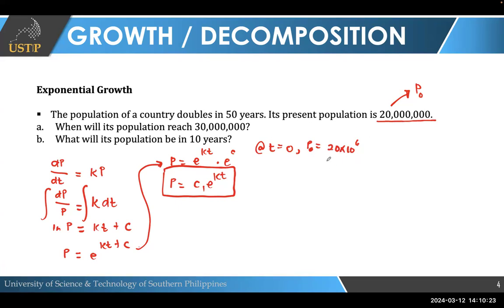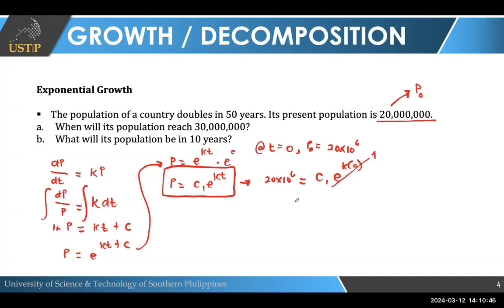Okay, from this class, we can get the value of our C1. So how do we get that? Okay, so from here, ato nang substitute, you will have P, which is 20 times 10 to the 6, 20 million, equals C1 e to the k na to is unknown, ya t na to is 0. Okay, and this is just equal to 1.